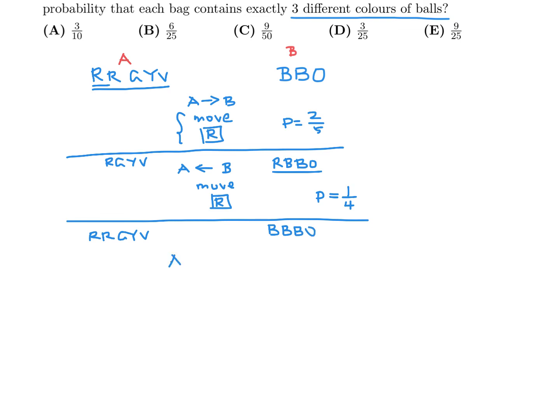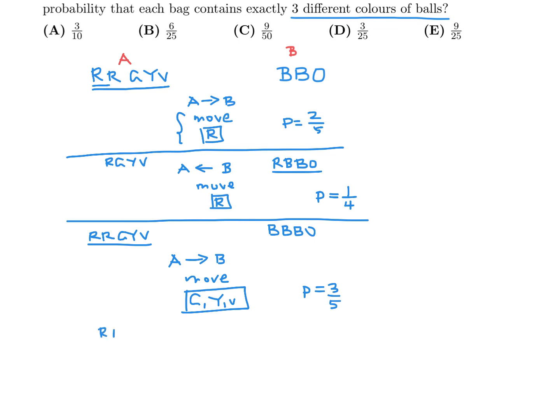And now it's time for Arjun to make his final move, and he will send over either a G, a Y, or a V. And the probability of choosing one of those from those 5 is 3 out of 5. So let's say he chose the green to move over.